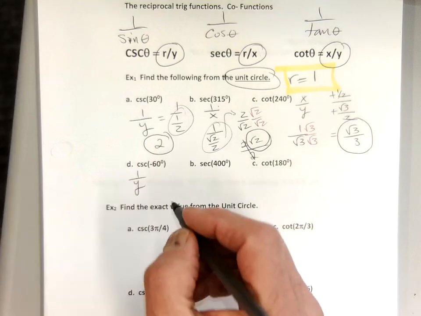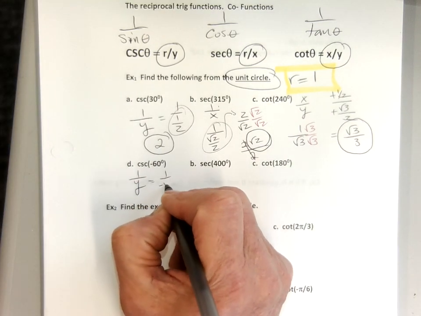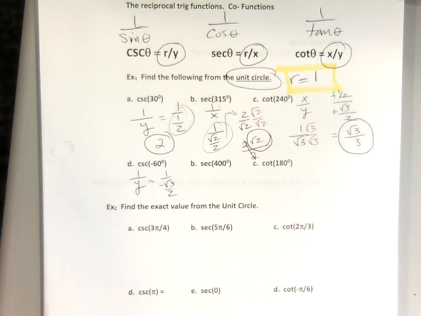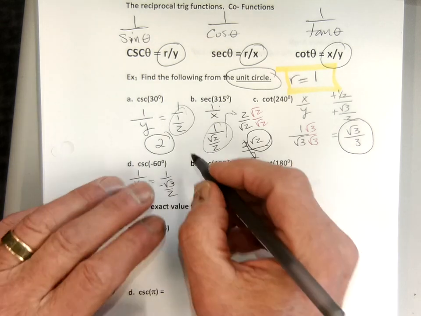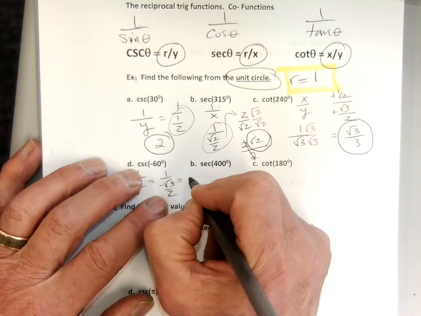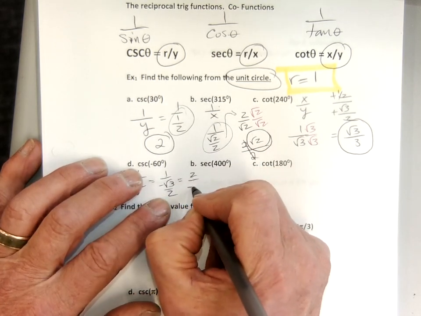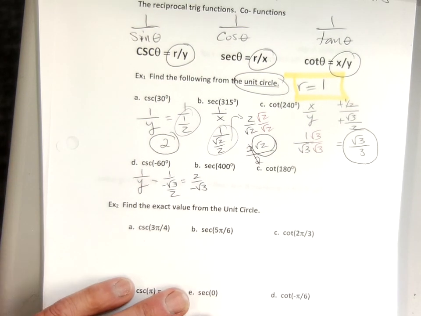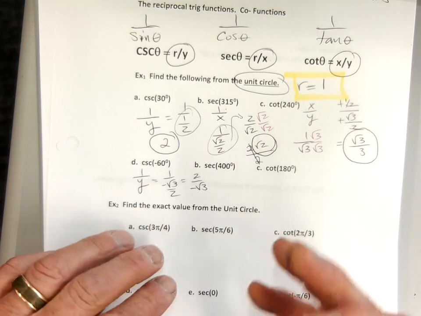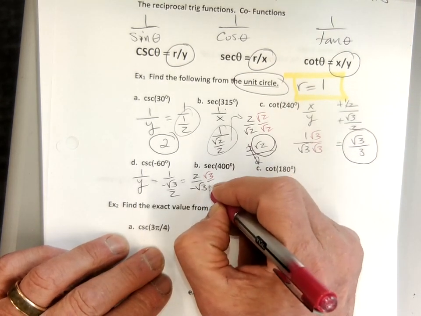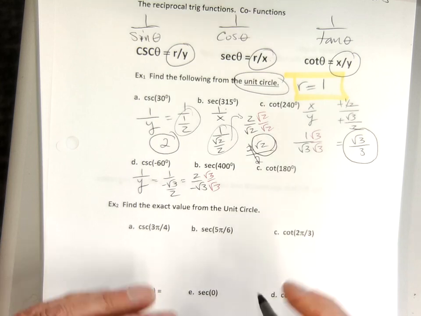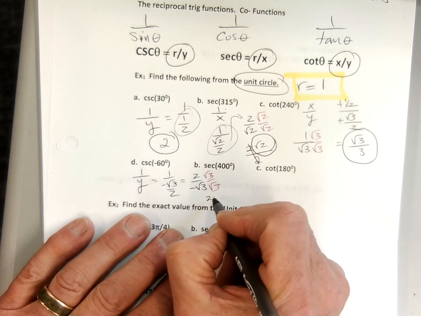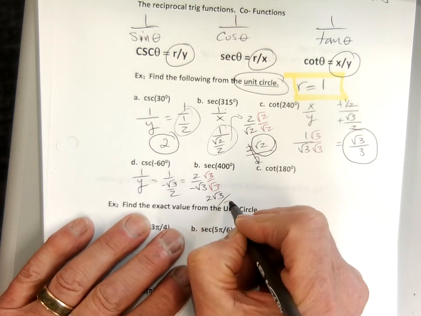So I'm going to have a 1 over a negative square root of 3 over 2, right? Okay, same thing. Have 1 over a fraction, so I flip it, get the reciprocal. So I'm really going to rewrite this as 2 over a negative square root of 3. Have to fix it, right? So multiply by the square root of 3 over square root of 3, and I'm going to get 2 square root of 3 over a negative 3.